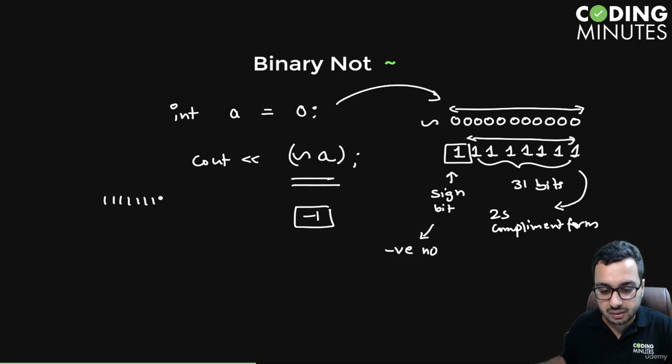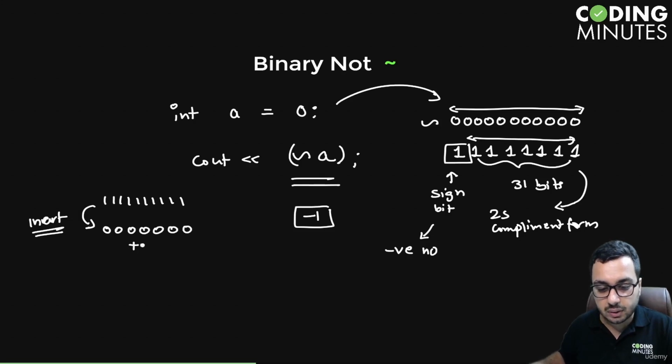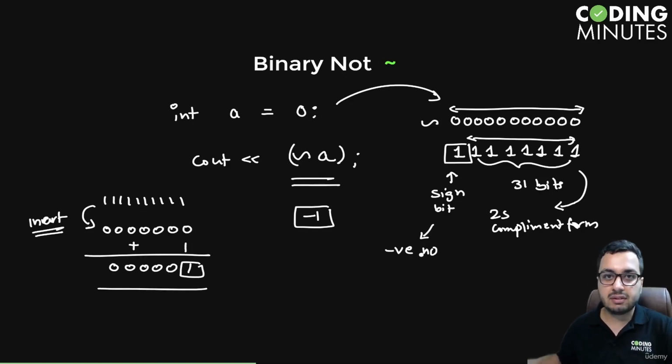In order to find the magnitude, we have to first invert all the bits. If I invert all the bits, it becomes like this, and then I will add 1 to it. So this number is 0000001. So basically this is a negative number with a magnitude of 1, hence this number is actually -1.